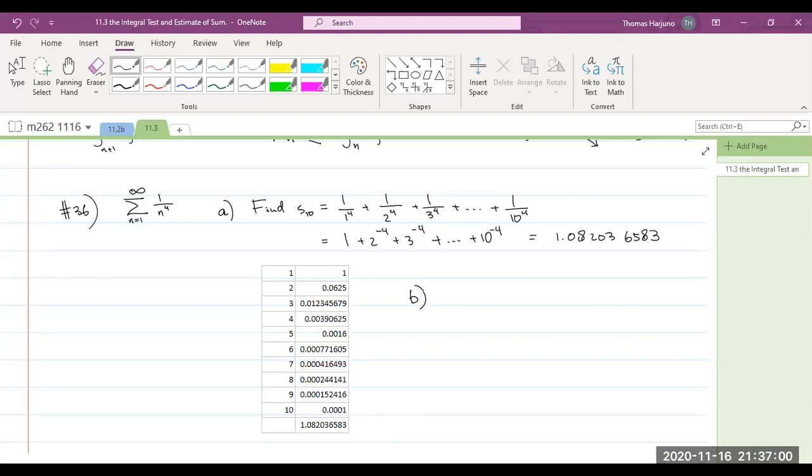So what is the remainder? R10 will be less than the integral from 10 to infinity of 1 over x to the 4th dx. So the error will be less than that. This is the limit as t goes to infinity of the integral from 10 to t of x to the -4 dx.